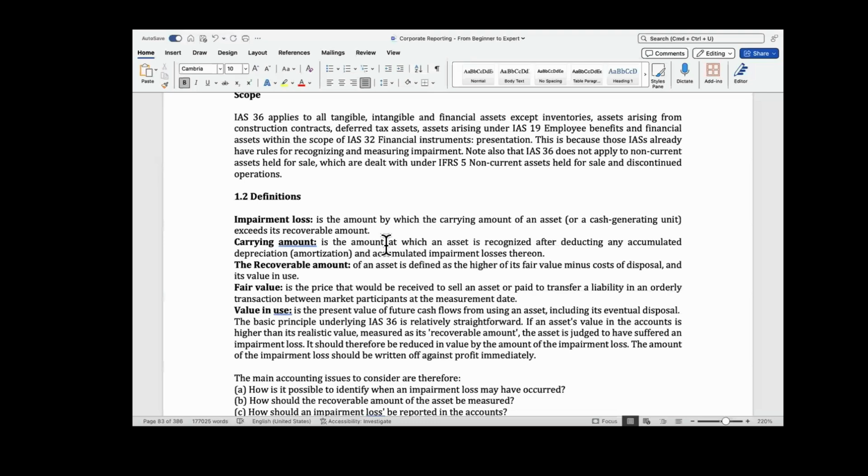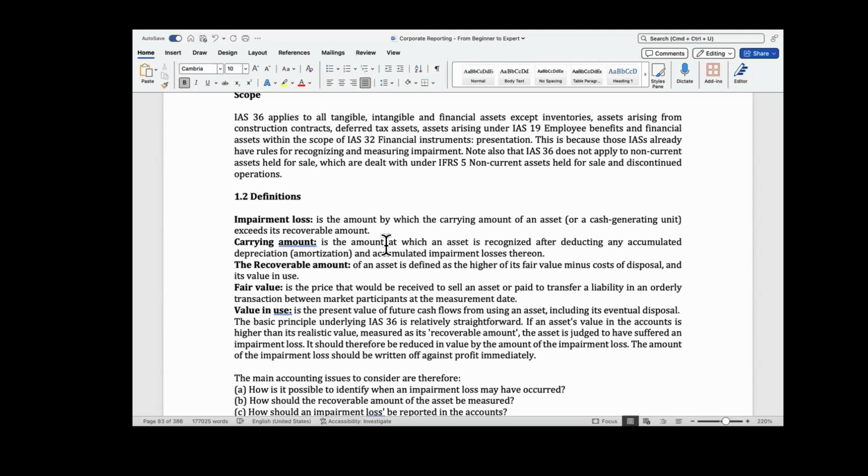And when I say the value of an asset, I'm talking about the book value, the amount you have in your books. So if you have an asset in your books at 50,000 naira, there is an impairment if you cannot recover that 50,000 anymore, if what you can only get is something less than 50,000.